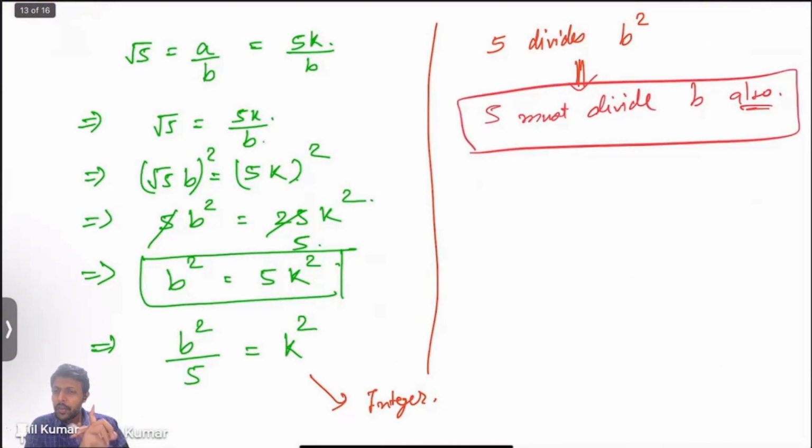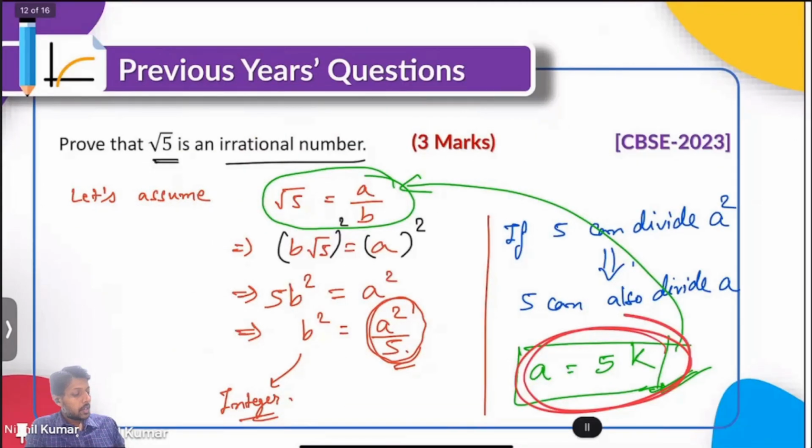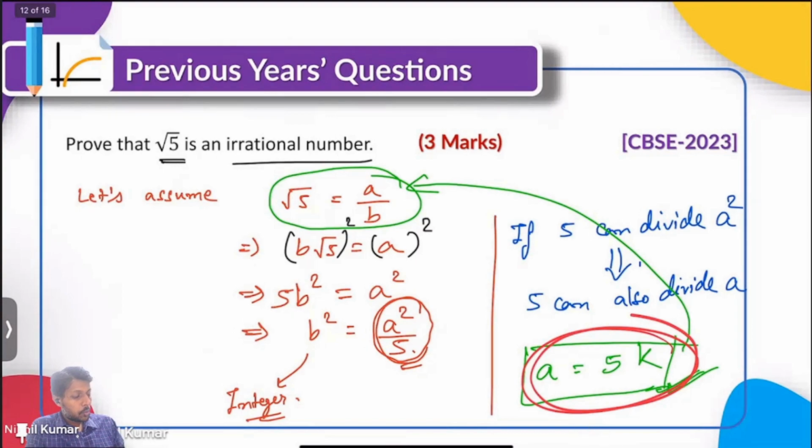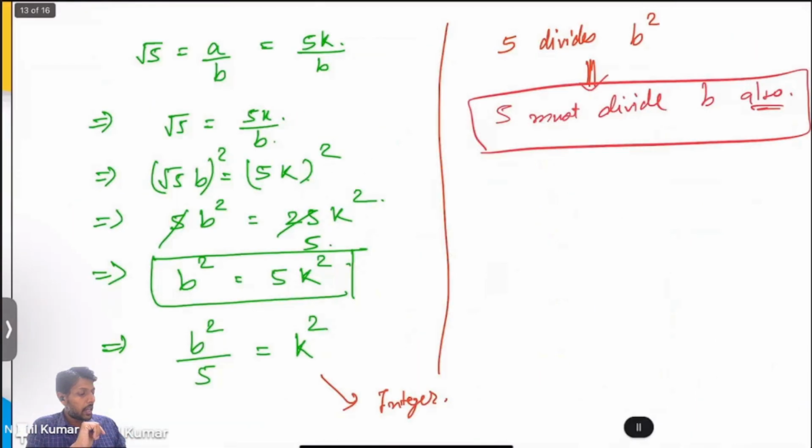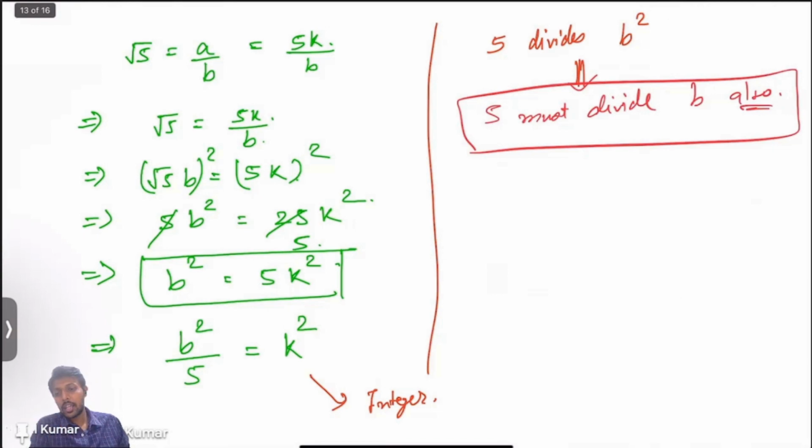That means 5 is a common factor between a and b. What did we assume at the start? We assumed that root 5 is equal to a upon b, where a and b are co-primes. While shuffling and juggling with what we had, we find out that 5 is a factor of a also, 5 is a factor of b also.